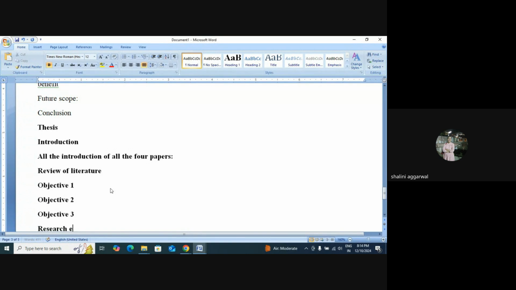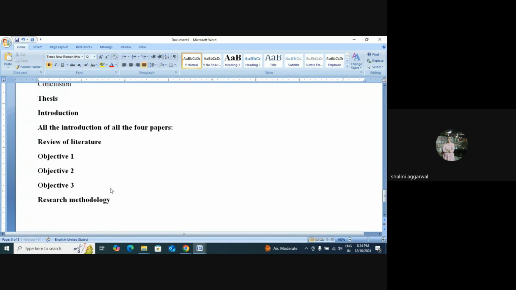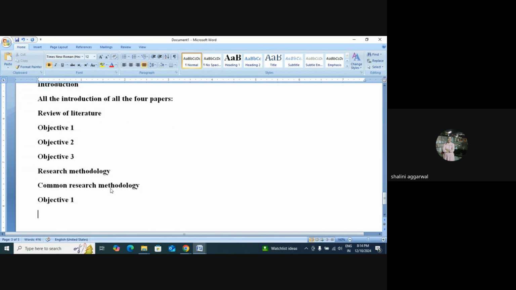What I normally tell my students is that there is some common research methodology for all the objectives. You write the common research methodology in one paragraph. If you have used a different research methodology for objective 1, then you can mention it here, and if you have a different one for the third, likewise.